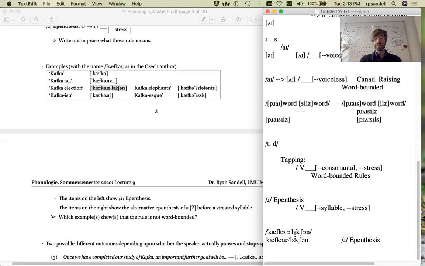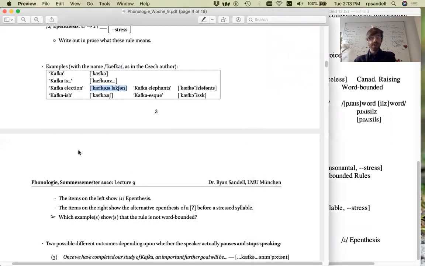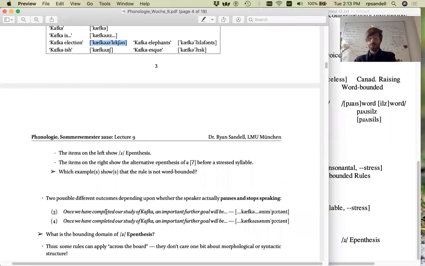So this tells us clearly that the R epenthesis rule is not word-bounded, and we can even see that this rule cannot be phrase-bounded, because if we take the examples in 3 and 4, in fluent, fast running speech, we can see clearly that in this sentence, once we have completed our study on Kafka, an important further goal will be, there's a syntactic break here where we finish a subordinate clause, and the comma marks the beginning of the main clause.